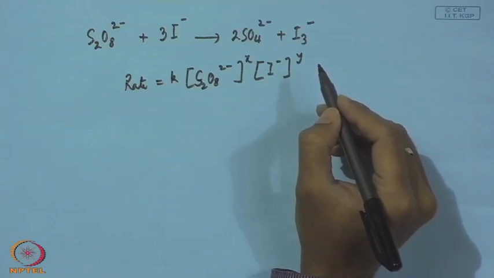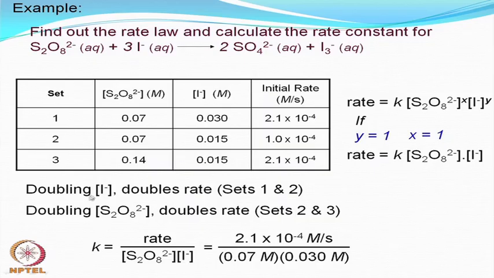If we look into the data, you see that doubling I minus doubles the rate. From set 2 and 1 we see this. That means we are keeping the concentration of persulfate fixed and we are just looking at how the rate depends on iodide, whether it is linearly dependent or depends in some non-linear way.